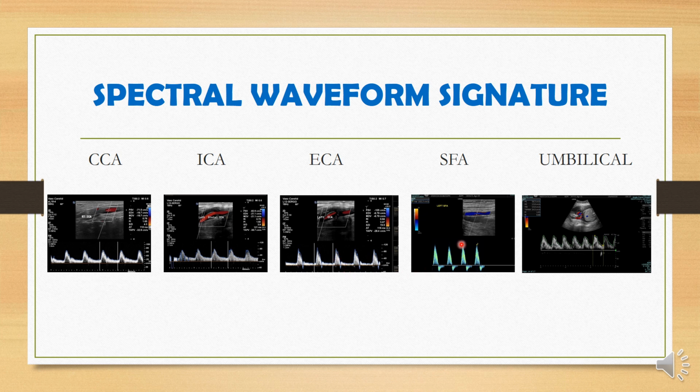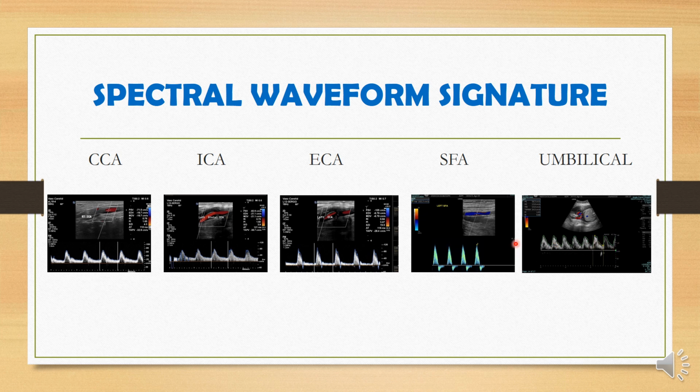So triphasic patterns means there is an increased peripheral resistance, and the biphasic waveform shows there is a low peripheral resistance, which is shown also in the umbilical artery. Normal umbilical artery shows a biphasic pattern with a systolic and a high diastolic component, but when there is an increased peripheral resistance, the diastolic component will go away and there is a monophasic form or reversal of diastole showing a triphasic kind of appearance.